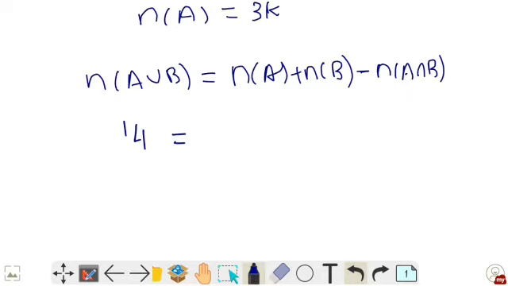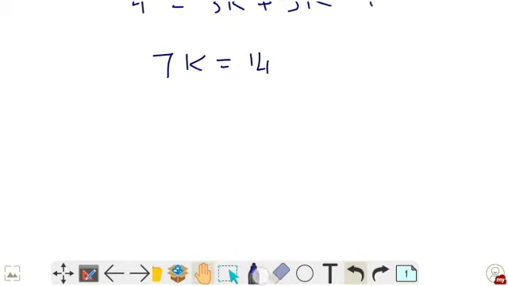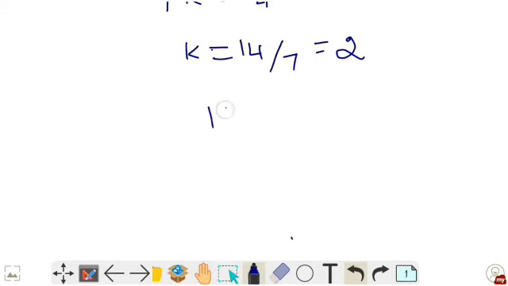We found n of A is 3k and n of B is 5k, minus n of A intersection B, which is k. So 8k minus k is 7k, and 7k equals 14. So k equals 14 divided by 7, that is 2.